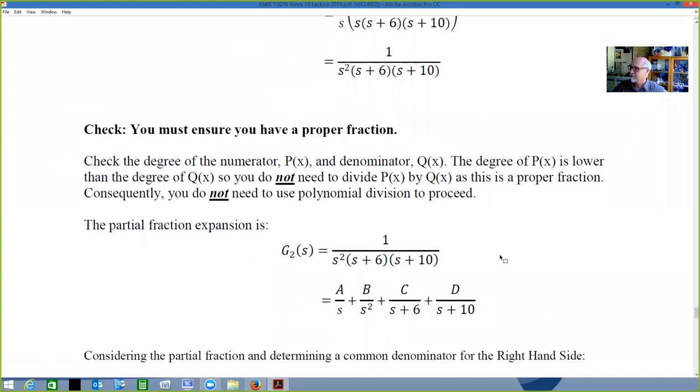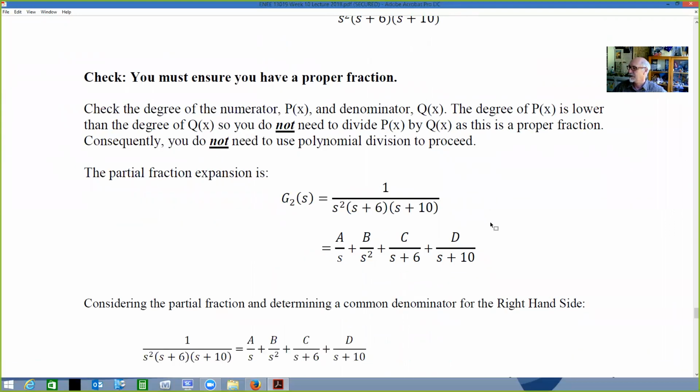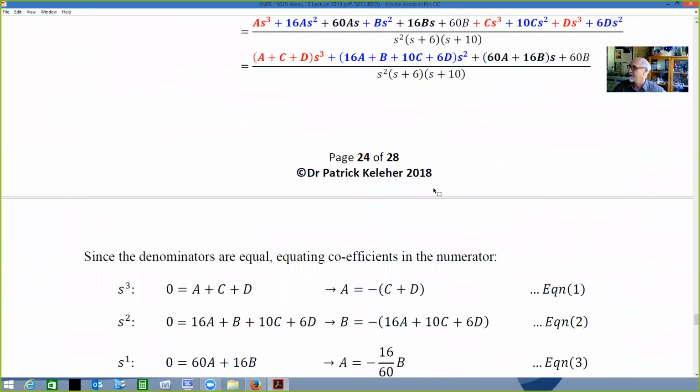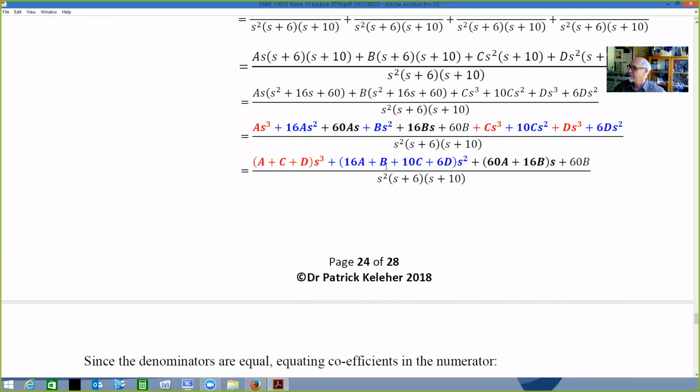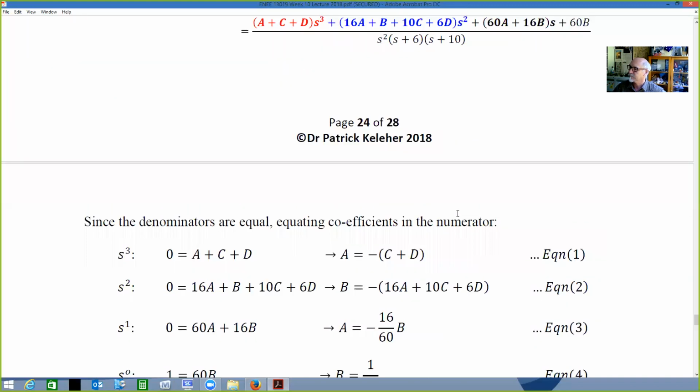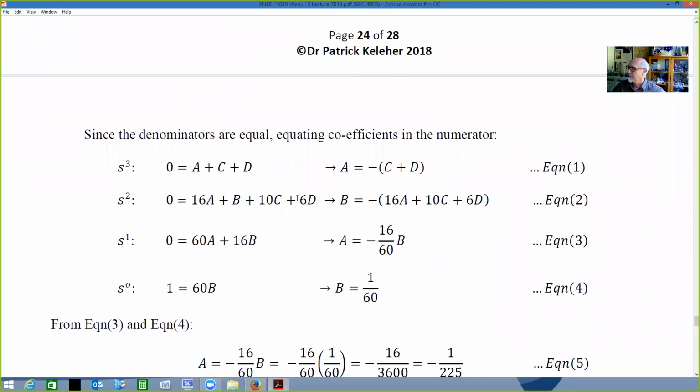So by partial fractions, from our first year mathematics, that's how we do our partial expansion. Then we just follow through that process. We've now got the same common denominator, so we can start evaluating our coefficients. So again, we've got some simultaneous equations now. We've got 4 unknowns, so we've got our 4 equations, which we do have.